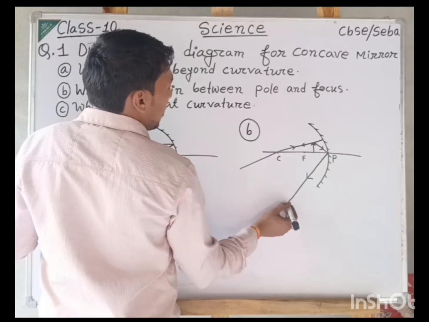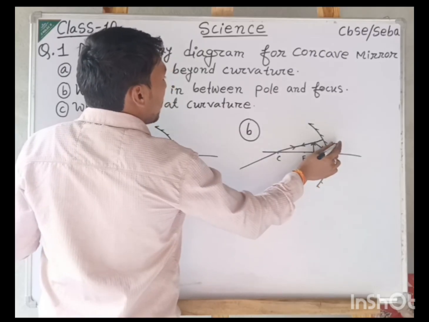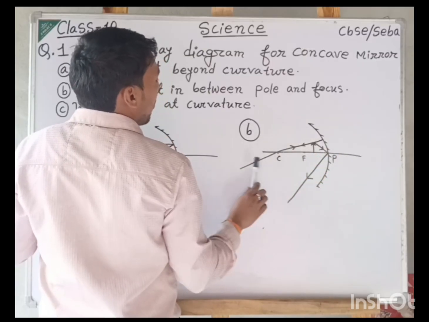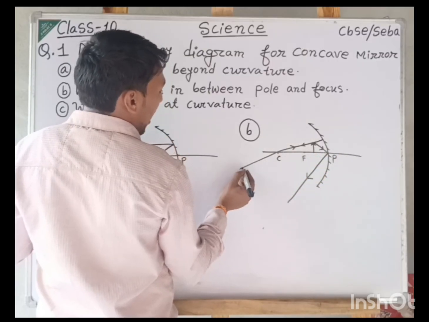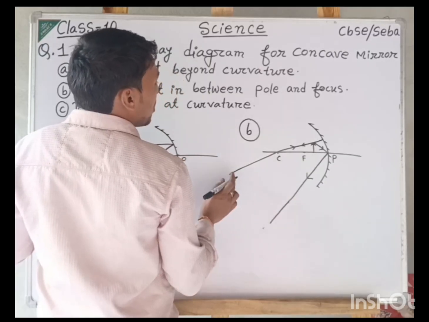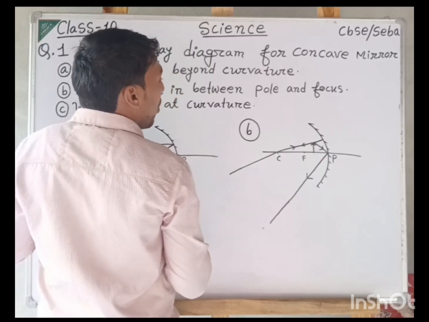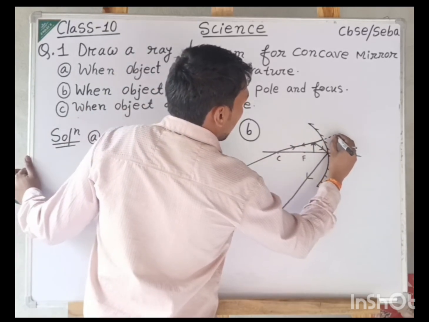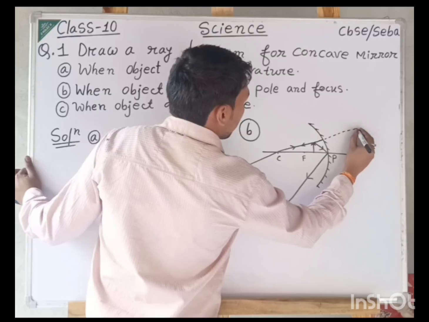Now behind this mirror there is a chance for these two rays to meet, but in front of this mirror, if I extend this line or this line, then there is no chance for these two rays to meet. So what I will do, I will extend backward imaginary lines.